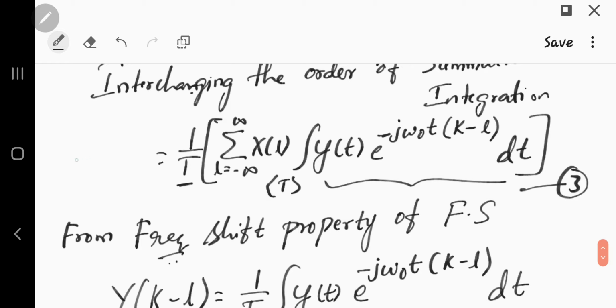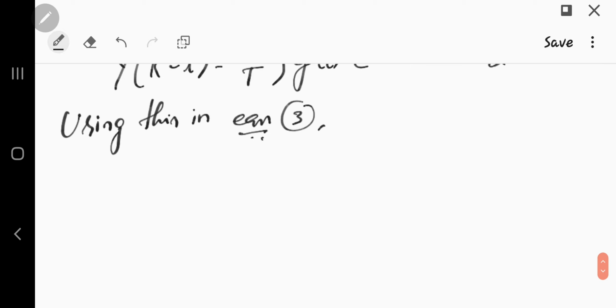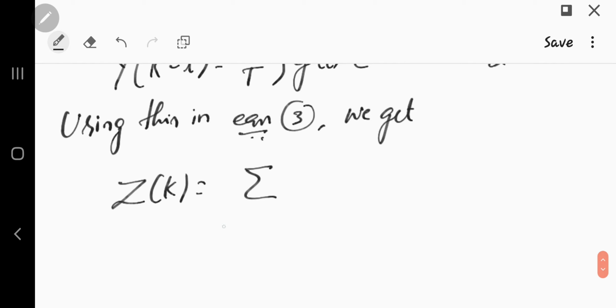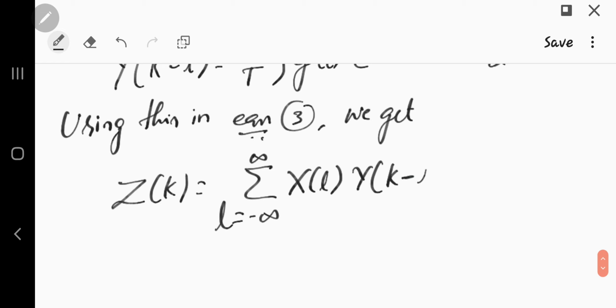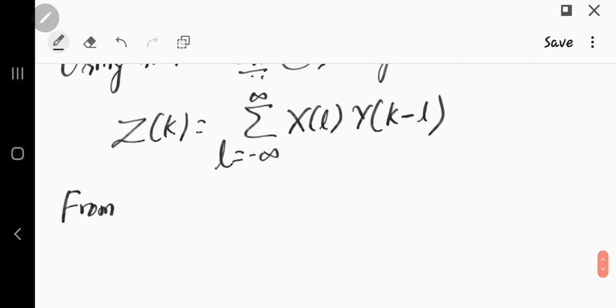We started with z of k, so from equation 3, we get z of k is equal to summation L equals minus infinity to plus infinity x of L y of k minus L.